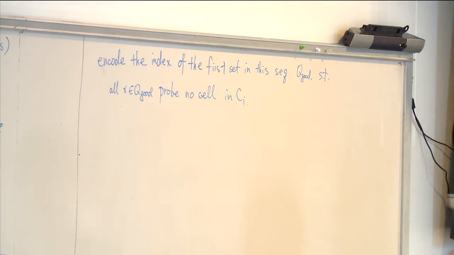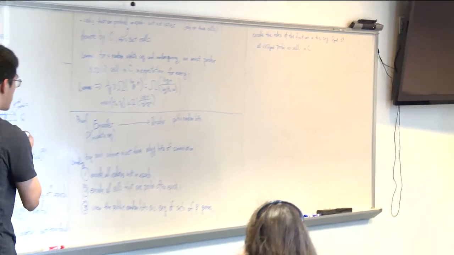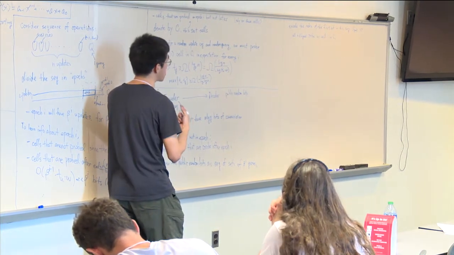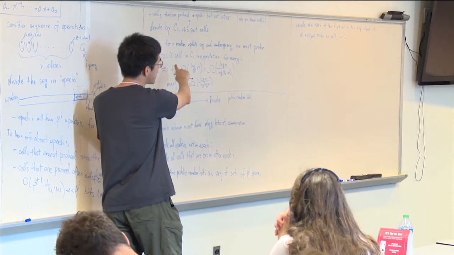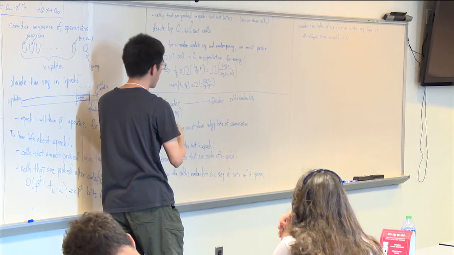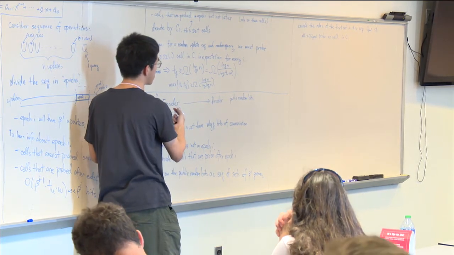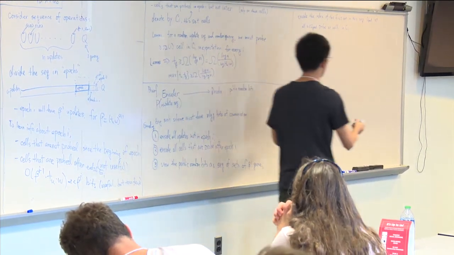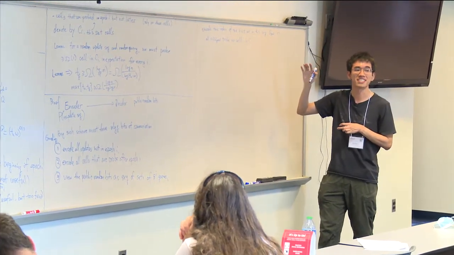So in this encoding process, we'll first encode everything that is not in the epoch I, and then we'll also encode all the cells that are probed after epoch I, and then we'll use the property that the data structure doesn't probe anything in CI with high probability to describe a set of queries that has this property, and then we will use those queries to reconstruct the input. All right. So is the encoding process clear?